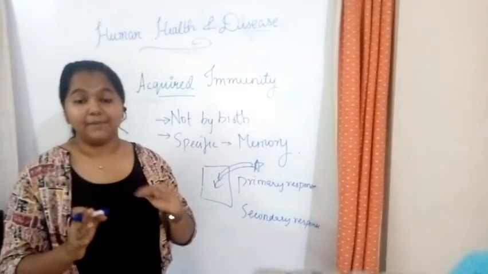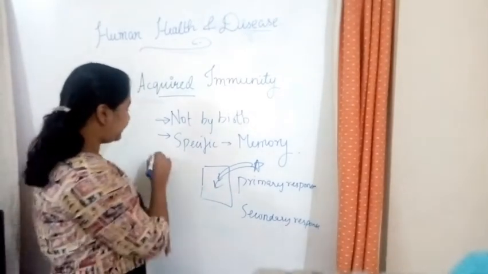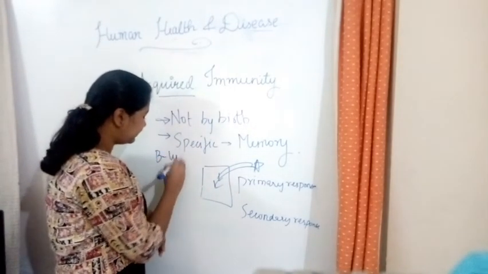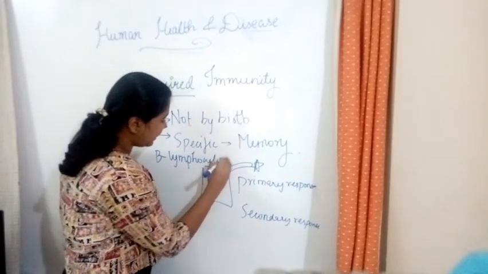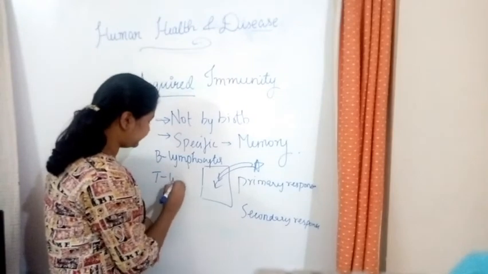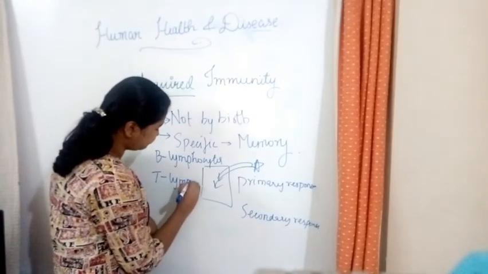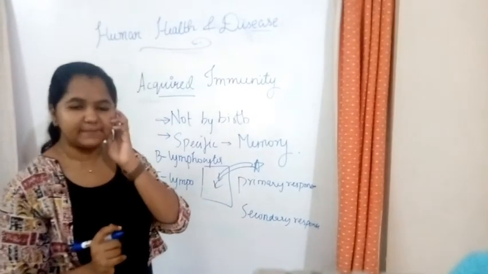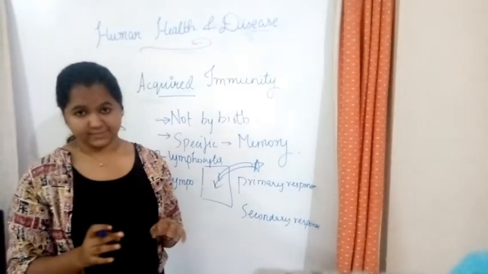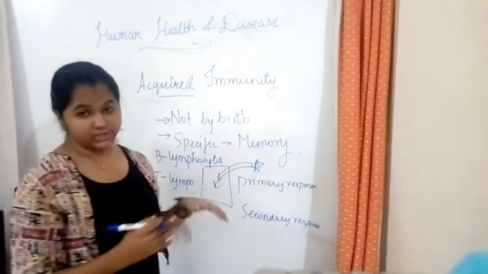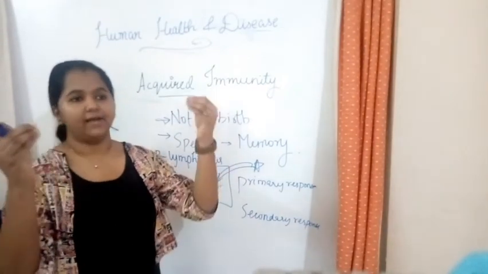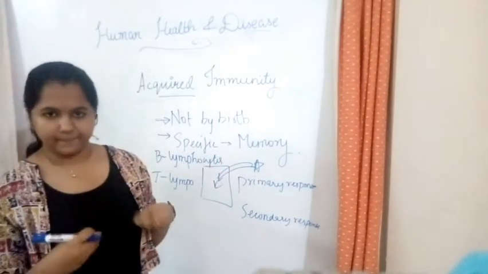So this is done by two cells, the B lymphocytes and the T lymphocytes. So what does a B lymphocyte do? B lymphocytes produce a kind of protein when pathogens enter our body.